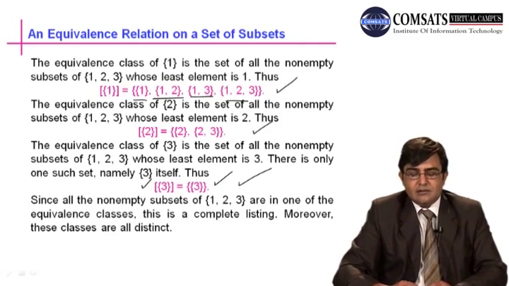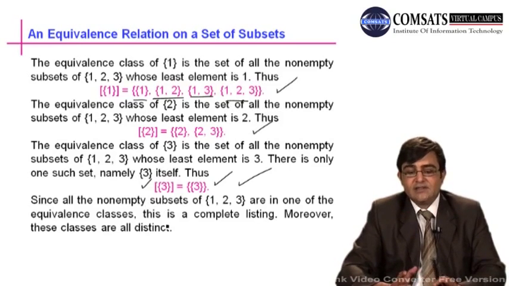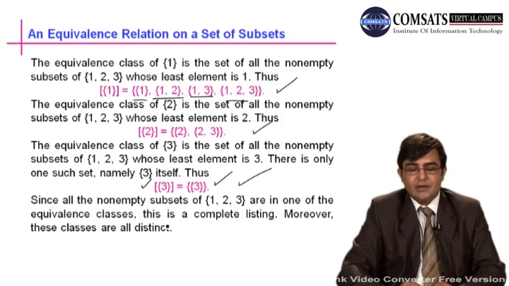For today I think it's enough, and in the next lecture we shall discuss some other properties of the equivalence relation, and then the properties of the equivalence classes. What we have discussed today: we have defined a relation induced by a partition.